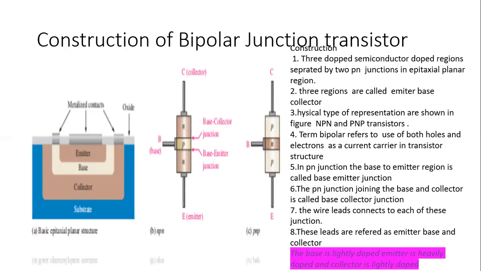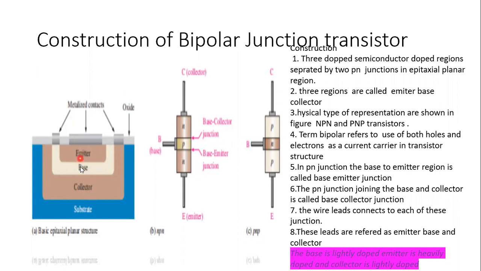Construction of a BJT. So here you can see it is constituting of a main base crystal structure, and in it there is a collector, base, and emitter.